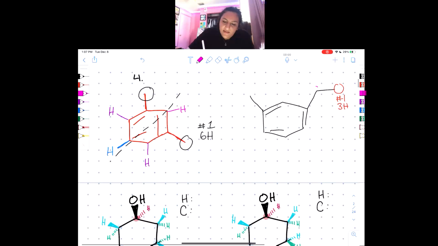Next up, we're going to look at this signal right here. There's going to be 2 hydrogens. And so this is a what kind of center? It has to do with chirality. Well, it is geminal, yes, because they're both on the same position.